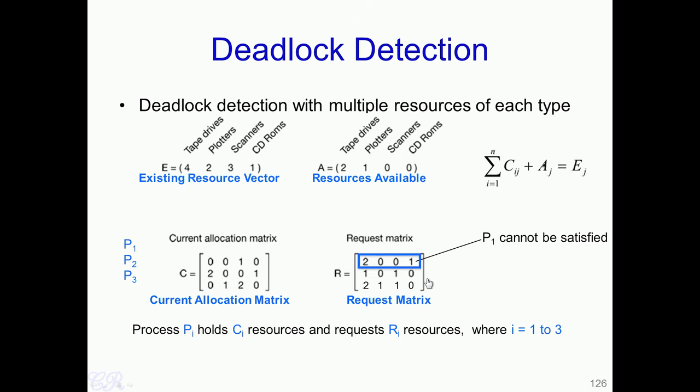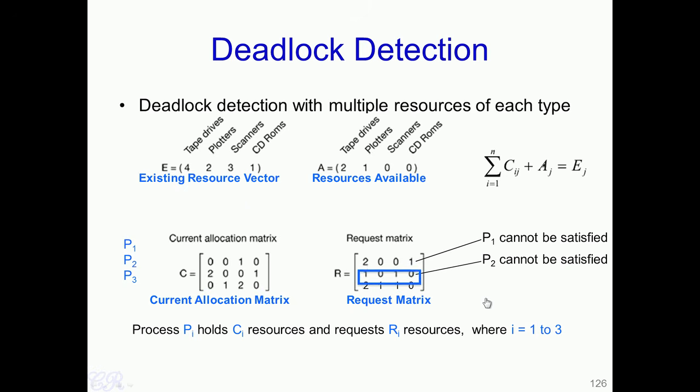Let us see about process P2. Process P2 requires 1 tape drive which can be allocated to it because it is available, and it requires 1 scanner, but 0 are available. So, similarly, process P2 cannot be satisfied as well, and process P2 will also need to wait.